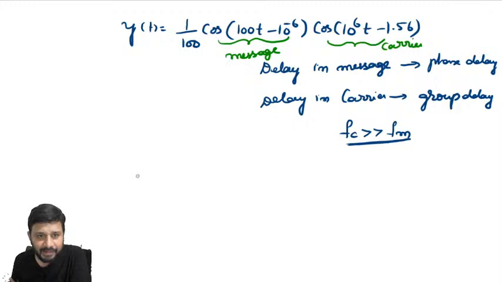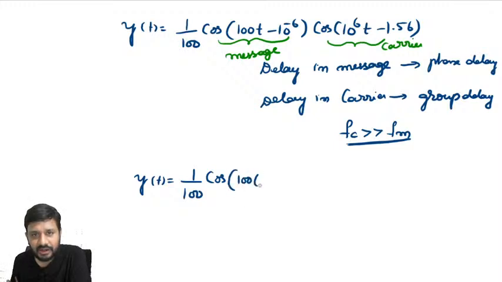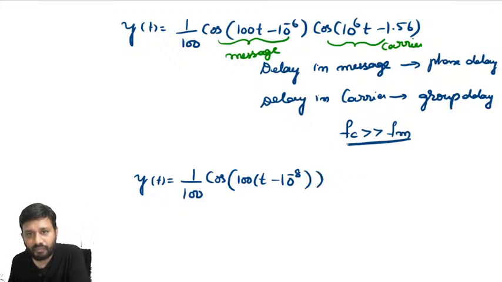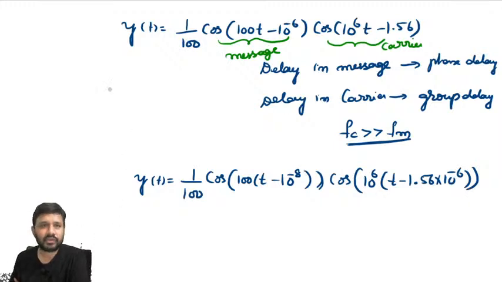Now can I modify my y of t like this? 1 by 100 cos of, take 100 common, 10 power minus 8, and for the carrier take 10 power 6 common. So now what is the delay here? This is the message signal, so the delay is nothing but phase delay.